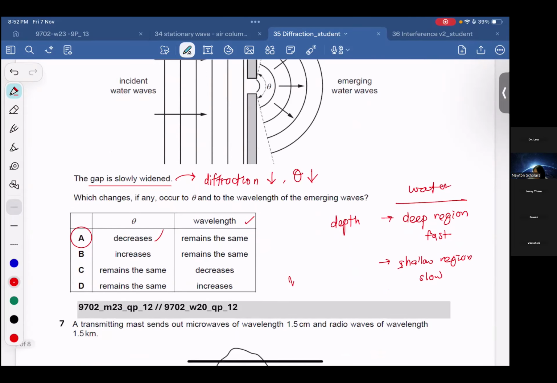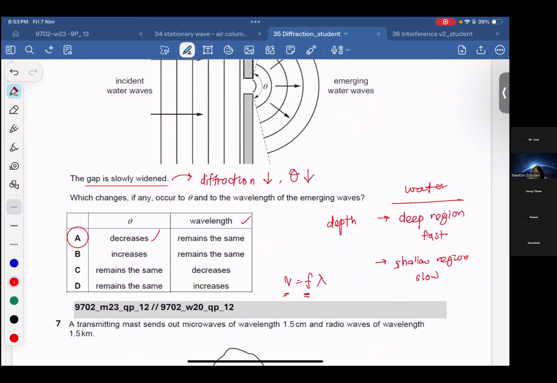V equals f lambda. If frequency is constant, then speed does not change, and your wavelength will not change either. So in water wave, as long as you didn't change the depth, your wavelength should be constant.